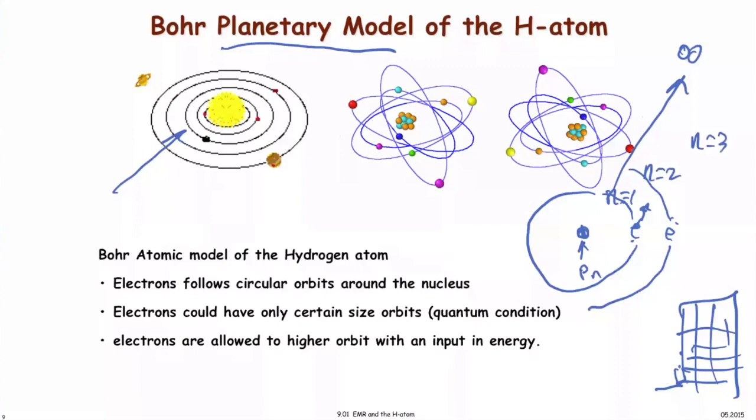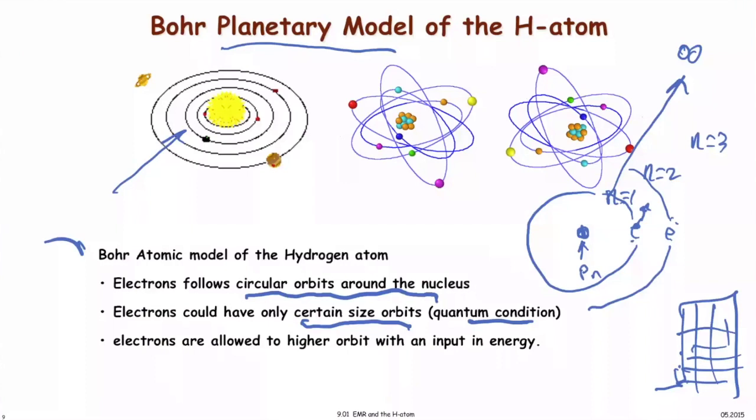So that's what Bohr's model of the atom gave us. He said that the electron follows circular orbits around the nucleus, and that the electrons only have certain size orbits, these different levels. That's the quantum condition. Again, it tells you about unique discrete amounts. Whenever you have discrete amounts in whole integers, that's the quantum condition.